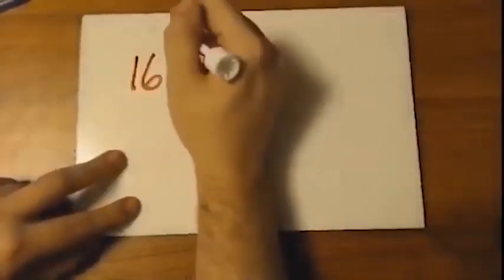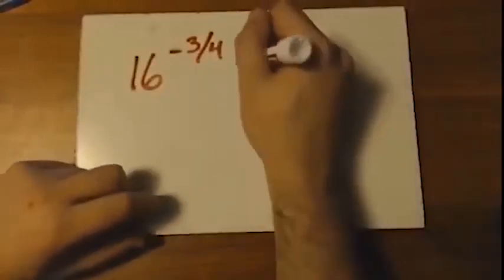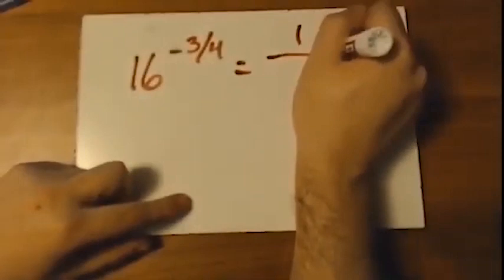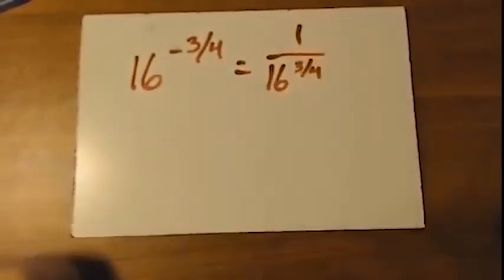E, 16 to the negative 3/4. So we have a negative power here. How do we take care of that? Well, that's 1 over 16 to the positive 3/4.